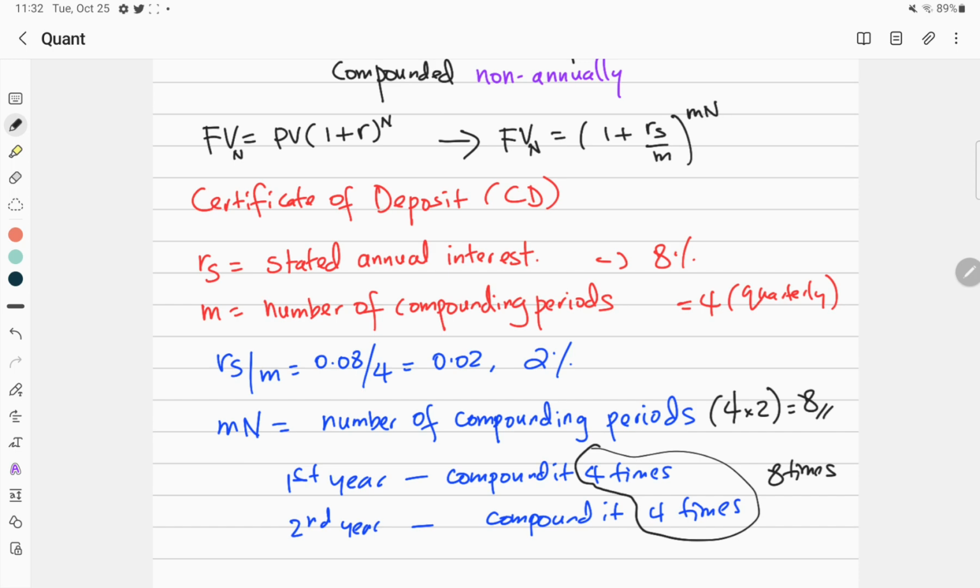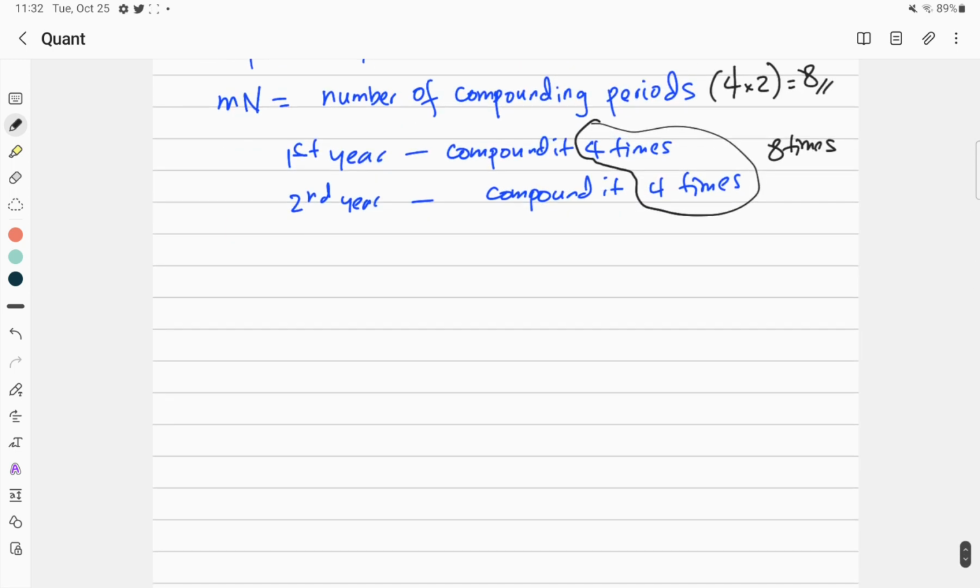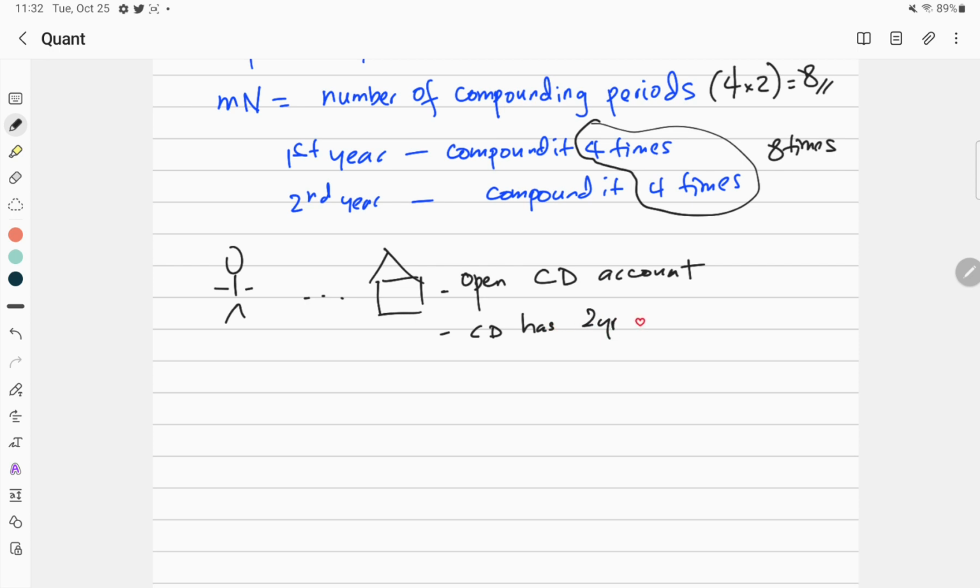So now let's see an example to make this clear. Let's say you go to a bank, and you want to open a certificate of deposit account, okay? The bank says that this CD account has a 2-year maturity period.